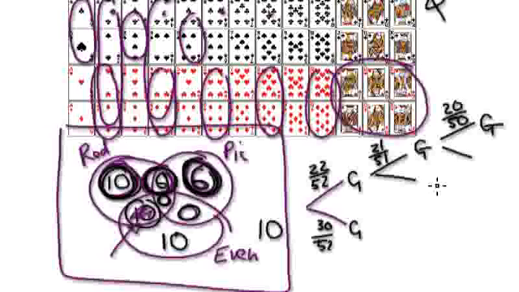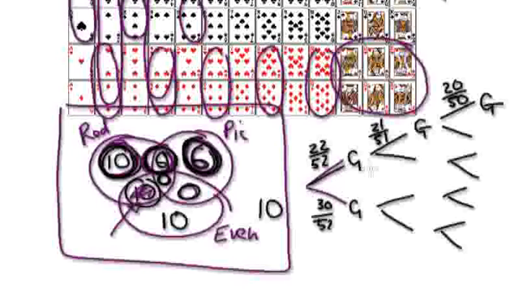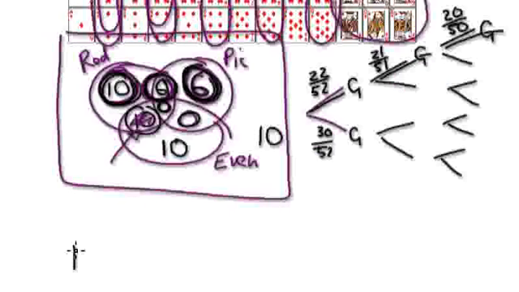By the way, we can draw in all the other branches as well, but it turns out that all the other branches are useless because the question requires all 3 cards, meaning good, good, good.